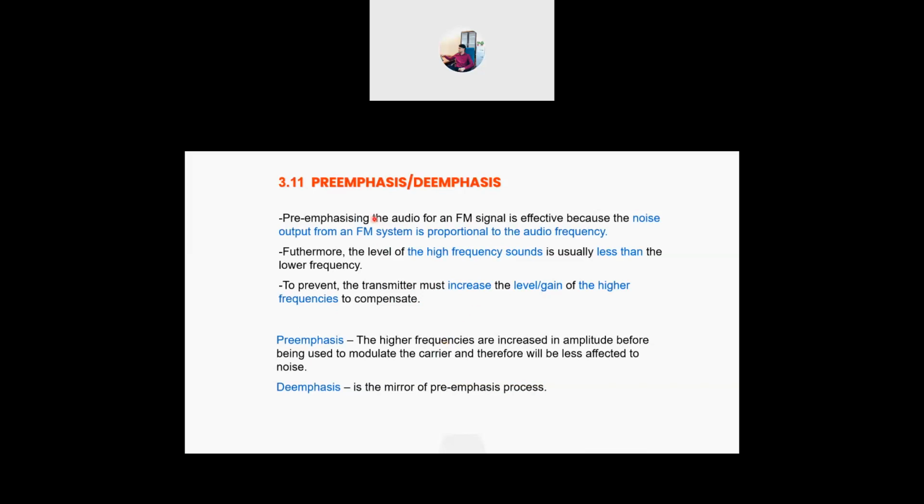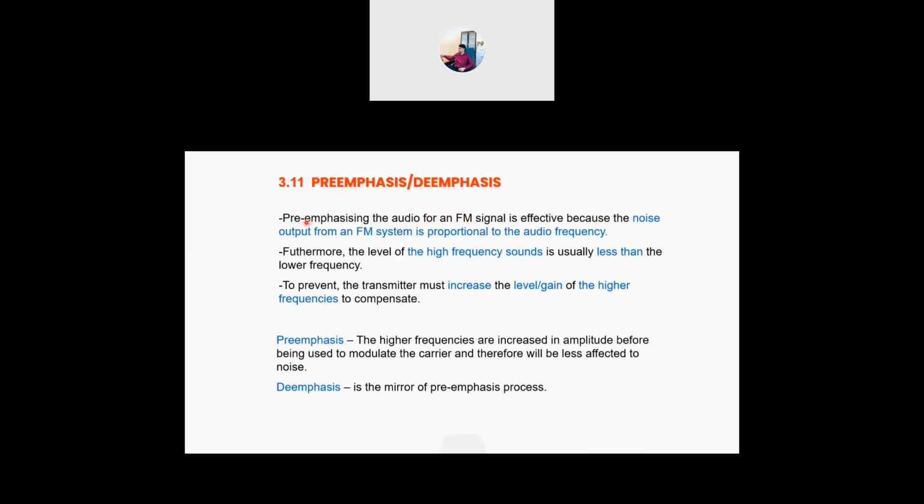Next, we go to pre-emphasis and de-emphasis. The pre-emphasis is located at the transmitter, and de-emphasis is located at your receiver. Pre-emphasizing the audio for an FM signal is effective because the noise output from an FM system is proportional to the audio frequencies.